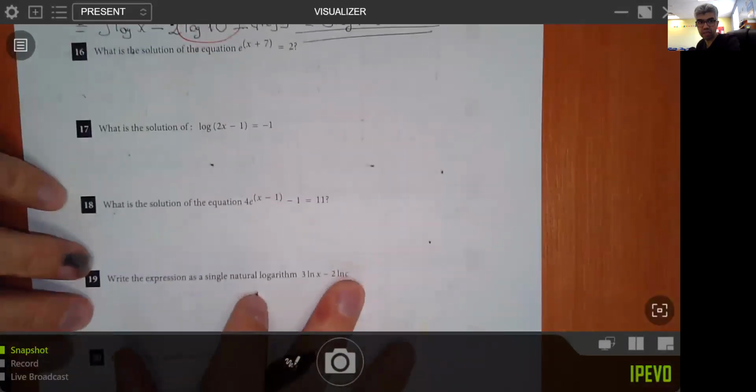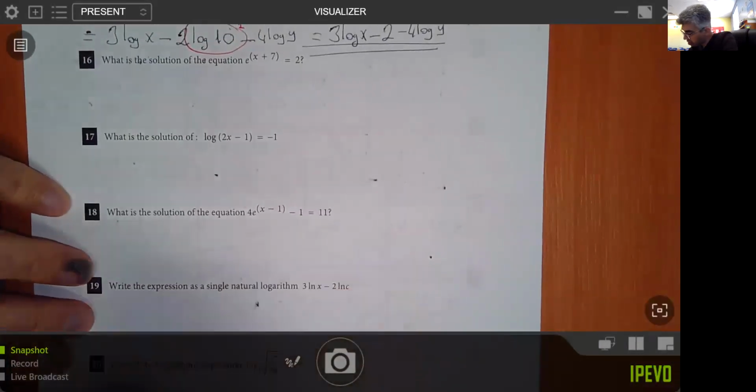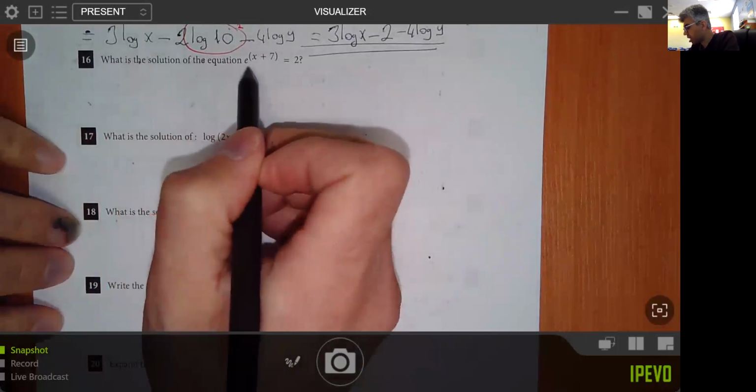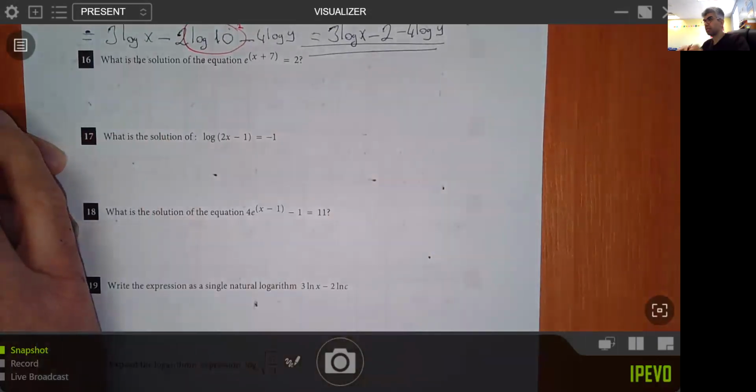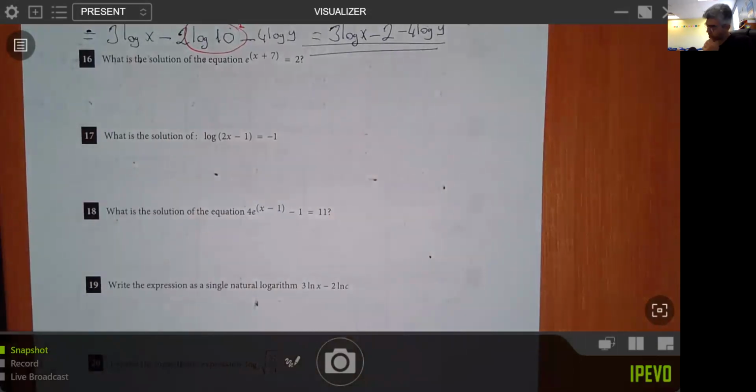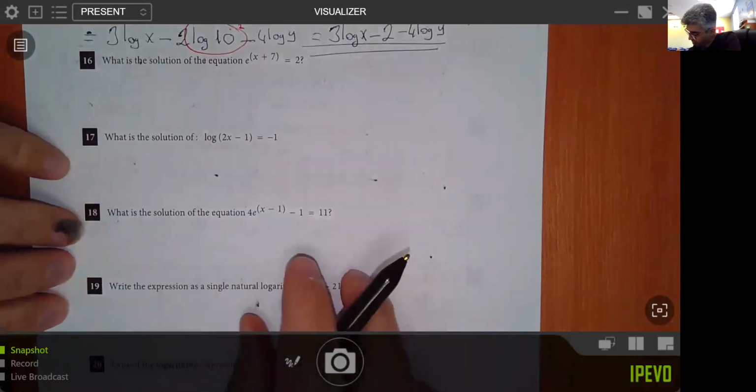Number 16, here it is. What is the solution of the equation? All right, remember, I said in exponential equations, we take logarithm of both sides. But if the base is e, we can take natural logarithm of both sides too.